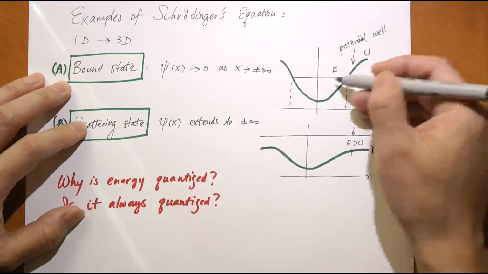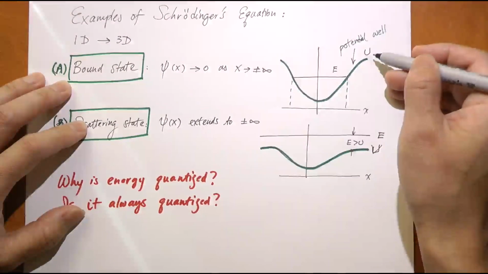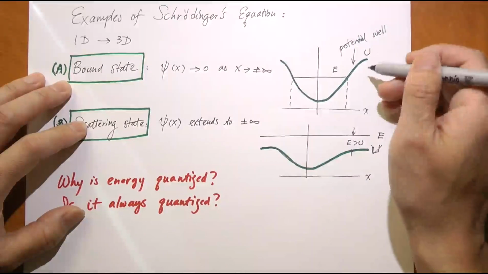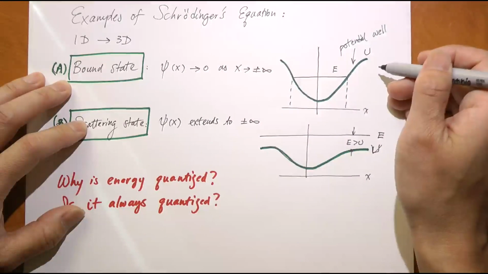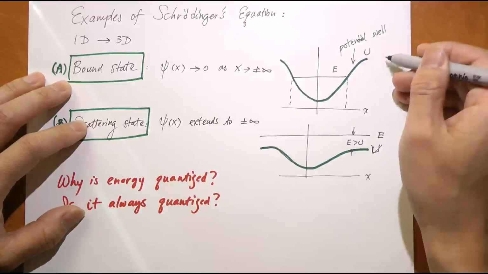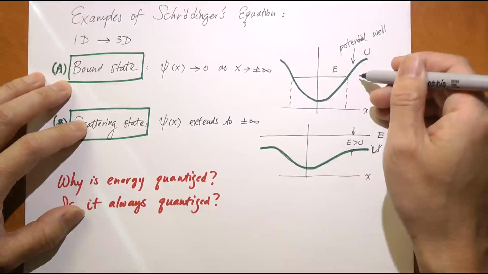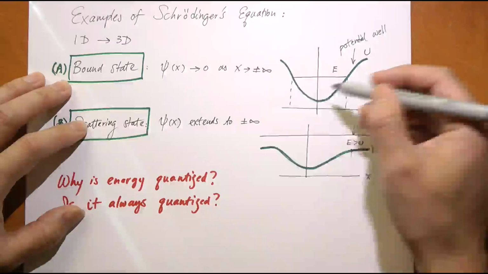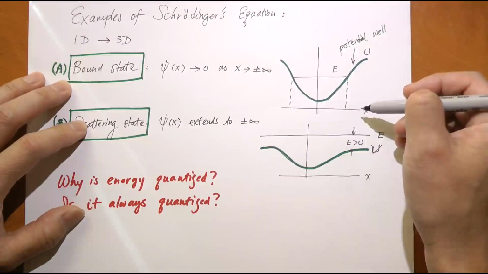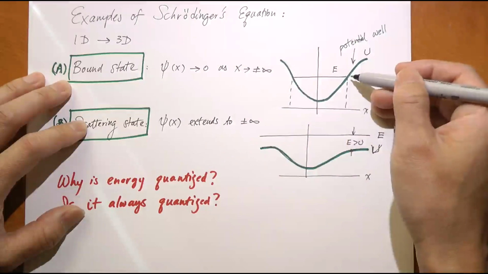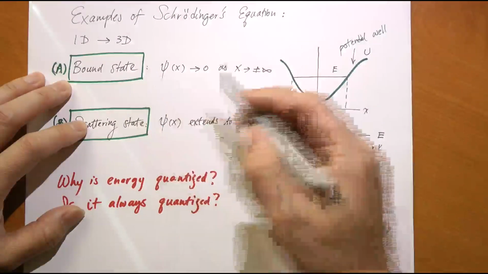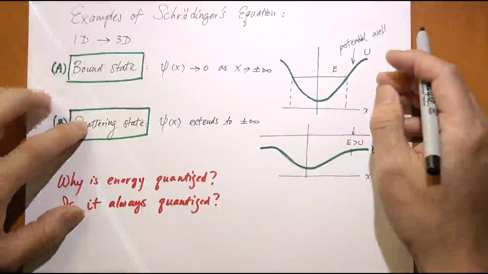Now, when energy is lower than potential energy, classically we know the particle cannot get there, right? In quantum mechanics, things are not that simple, but still, when you have a very tall potential and lower total energy, you can imagine the particle cannot possibly go to positive or negative infinity, and therefore it is trapped in a finite region in space. And we call this a bound state. It is bound somewhere between here and there.